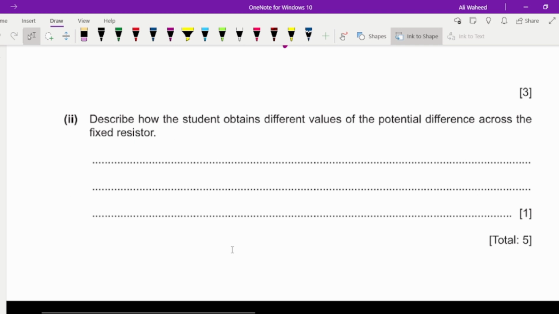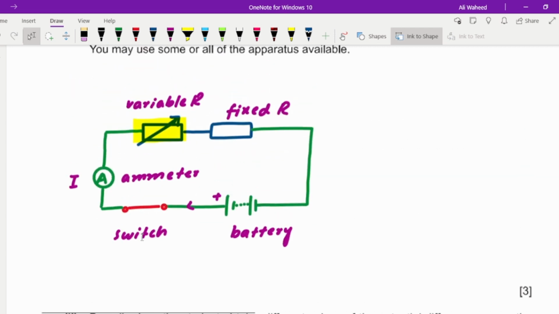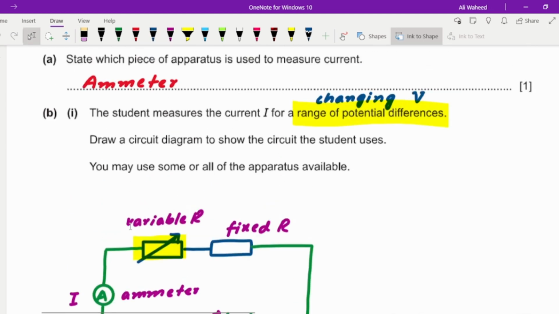Alright, describe how the student obtains different values of potential difference across the fixed resistor. Like we explained already, he can adjust the value of the variable resistor. By adjusting the variable resistor, he would obtain different values of potential difference across the fixed resistor. And if we really want to get into the theoretical concept, let's say the battery is providing 6 volts, as mentioned over there.